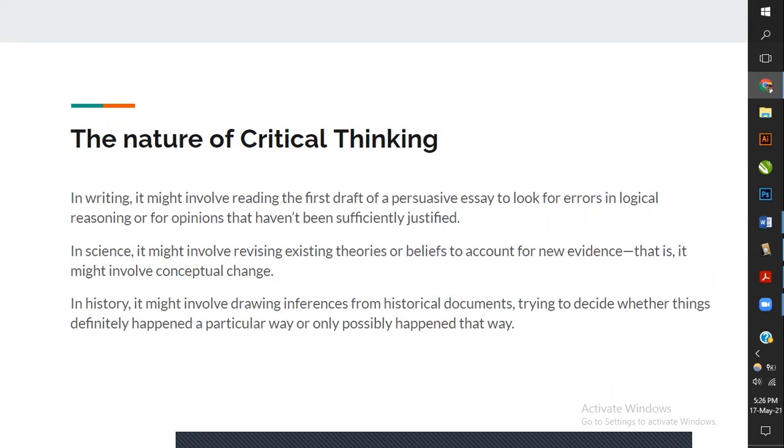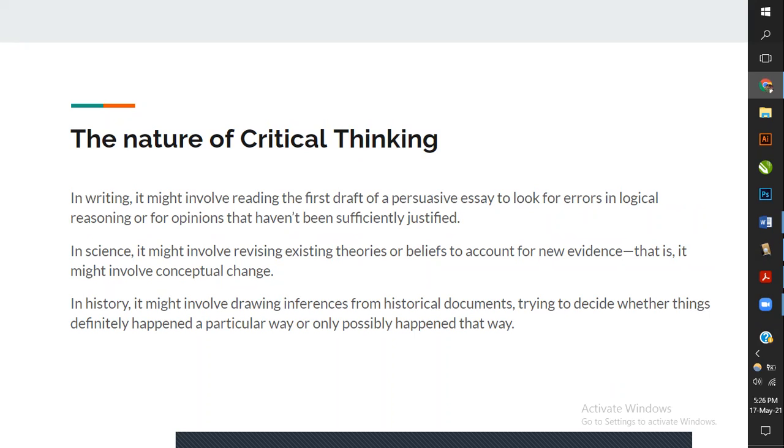Okay, for the nature of this critical thinking, we have three different areas. We will focus on writing. In writing, it actually involves reading first. How can you start something without reading any background on it?